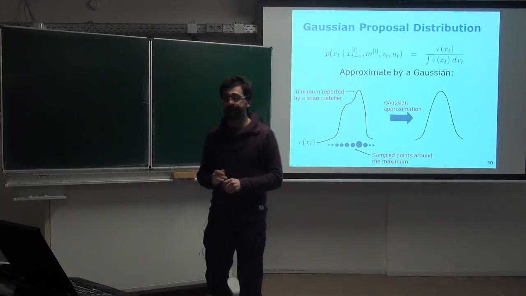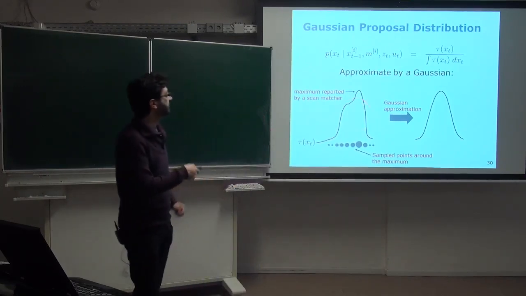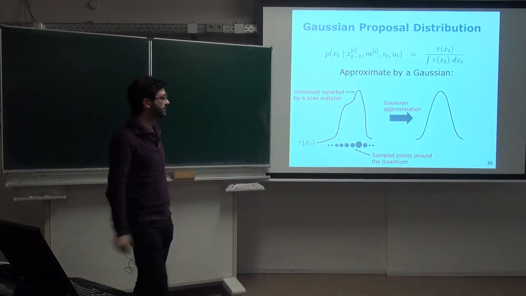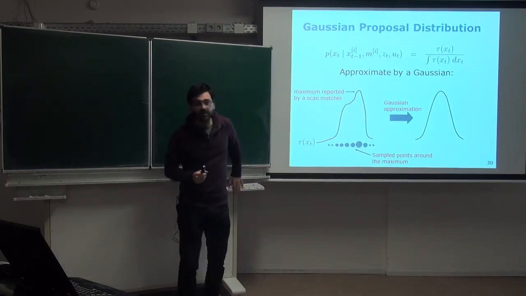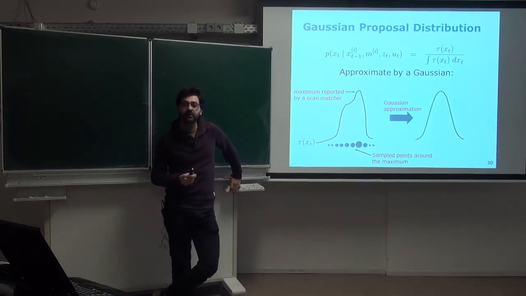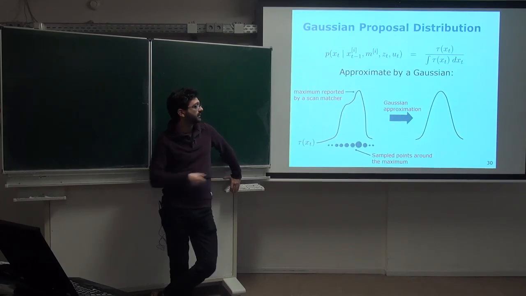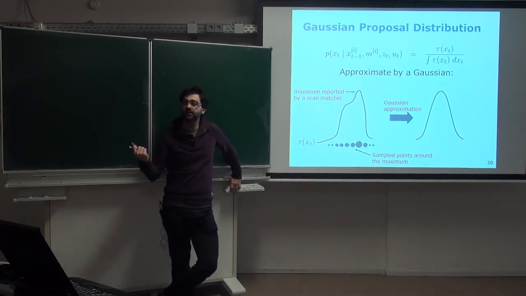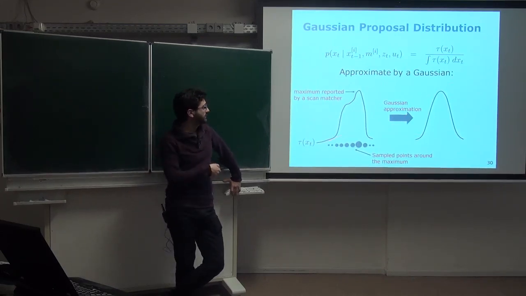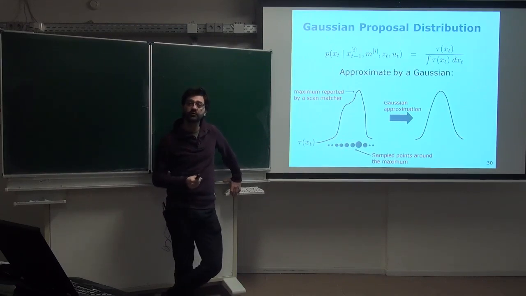All right. Before we go on to how to compute this Gaussian approximation, do you remember how to compute it? For computing this, we actually need to compute the mean and the covariance. And the only thing that we have is a set of samples. Do you remember how we compute mean and covariance given the samples in general?